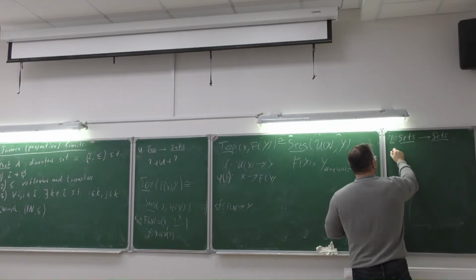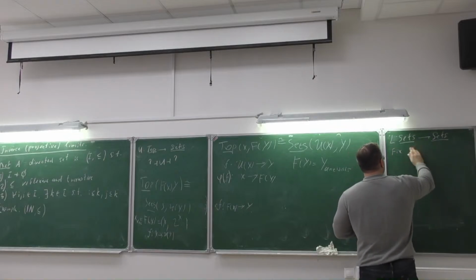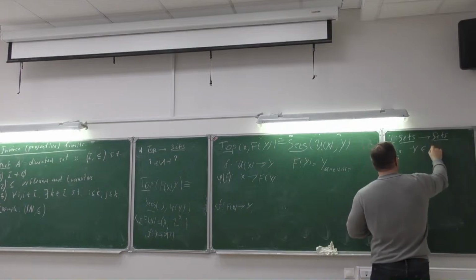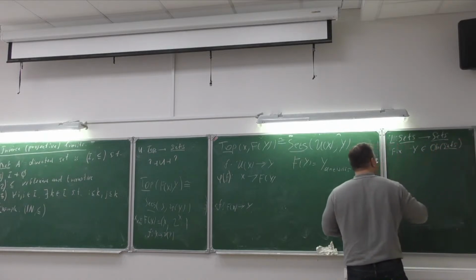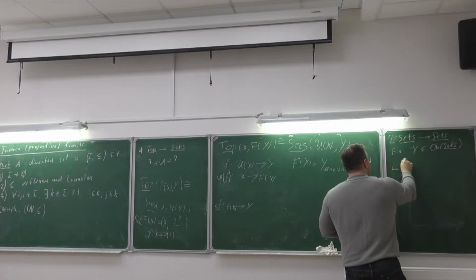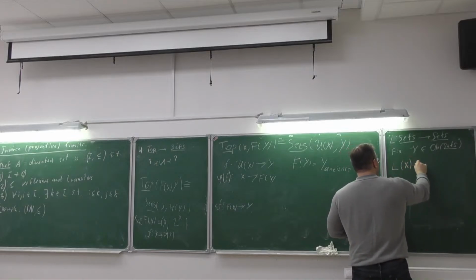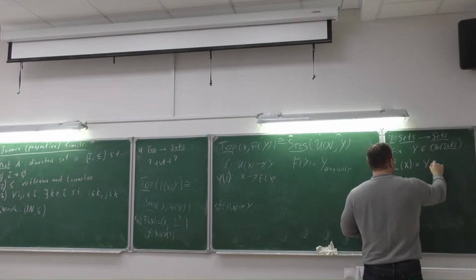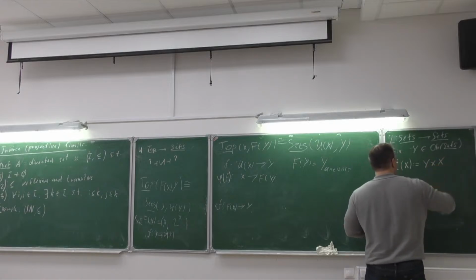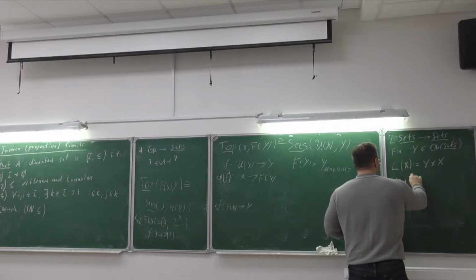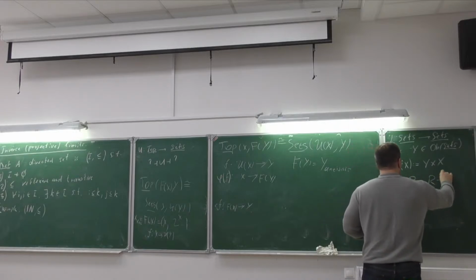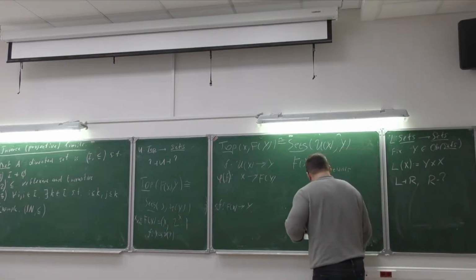We fix a set Y, just an object in the category of sets, and L of X is defined as the Cartesian product of Y and X. So the question is to find the right adjoint for this functor.